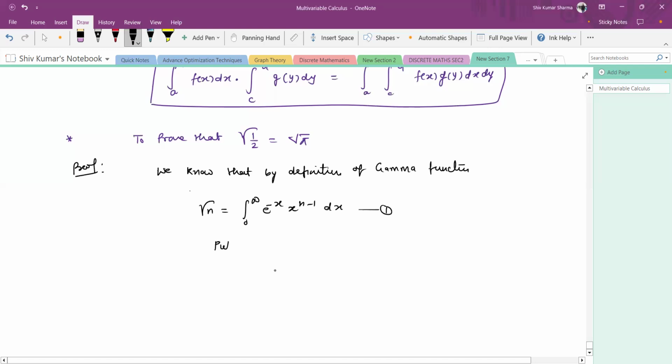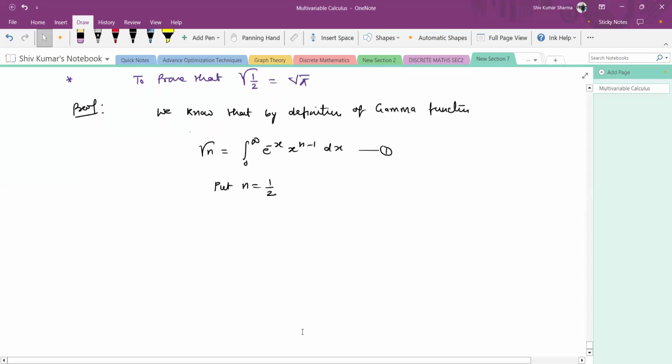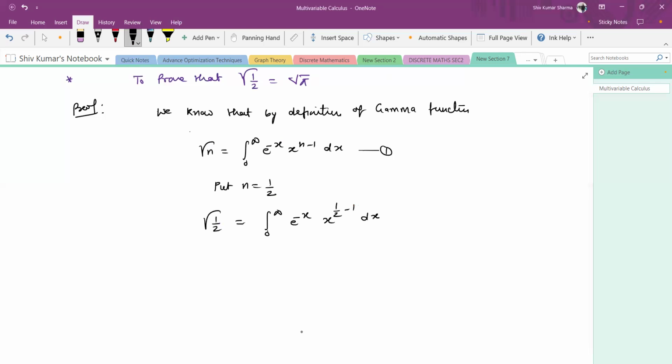Here we put n is equal to 1 by 2. So gamma 1 by 2 is equal to the integral from 0 to infinity of e raised to the power minus x, x raised to the power 1 by 2 minus 1, dx. So this gives us the integral from 0 to infinity of e raised to the power minus x, x raised to the power minus 1 by 2, dx.